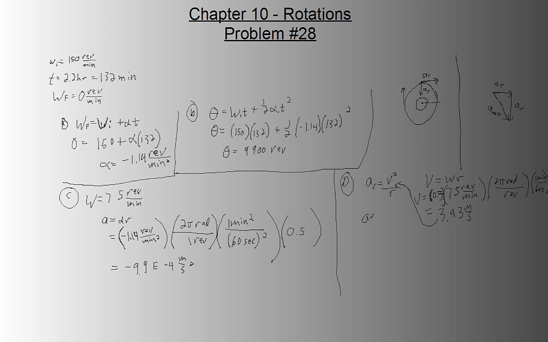So we get AR is 3.93 squared over 0.5, the radius. And that gives us 30.8 meters per second squared. So we got 30.8 as this component, the radial component. We got negative 9.9 e to the negative 4 for this one.